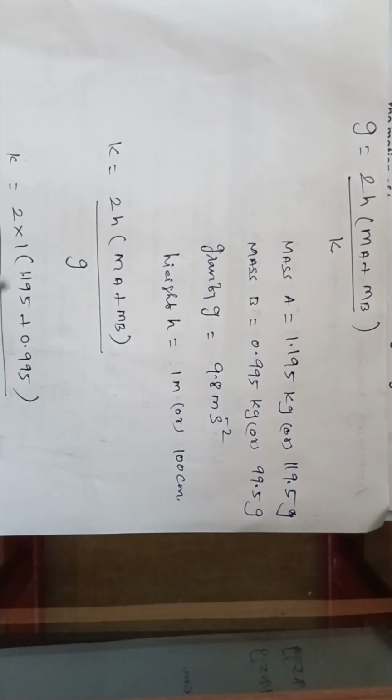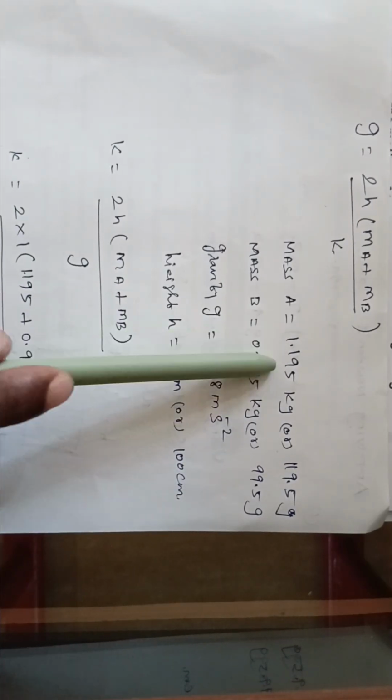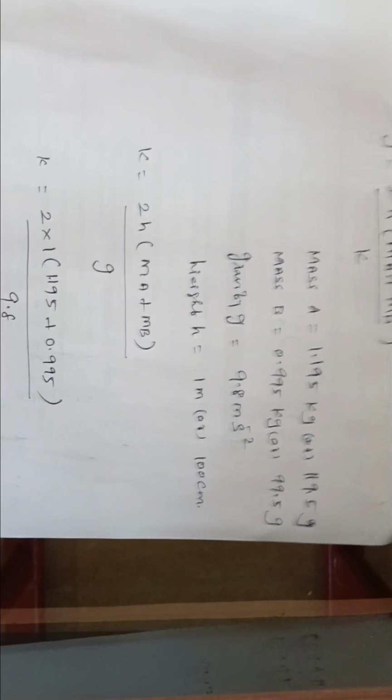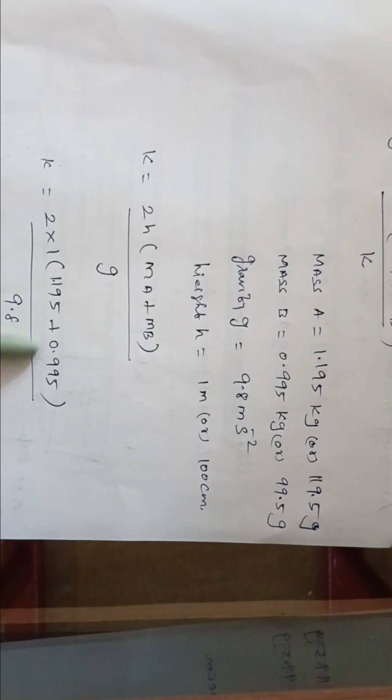So 2, h value 1 meter, mass A 1.195 plus mass B 0.995, by acceleration due to gravity, g value 9.8. If you multiply this, we get K equal to 0.4469.